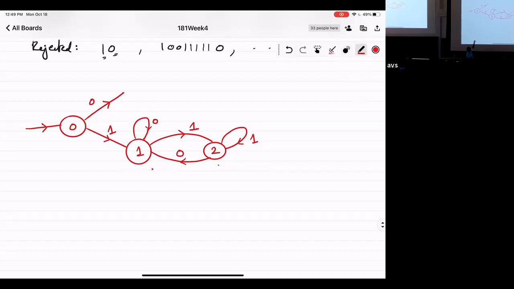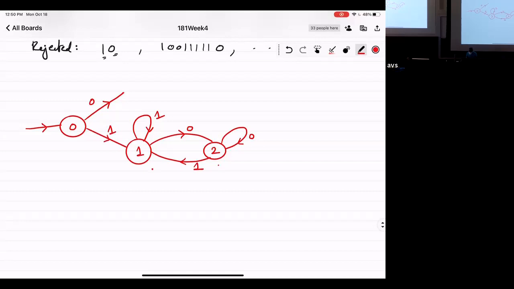I think I glued it in the wrong direction, so let me just redraw it. So I see a 1, and I see a 1, I stay here; 0, I go there; 0, I stay here; 1, I stay here. So this is the same diagram that we had before, which checks whether the last bit I'm seeing is going to be 1.